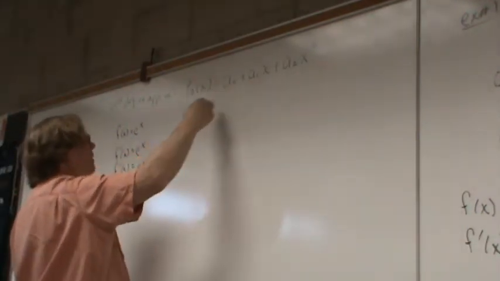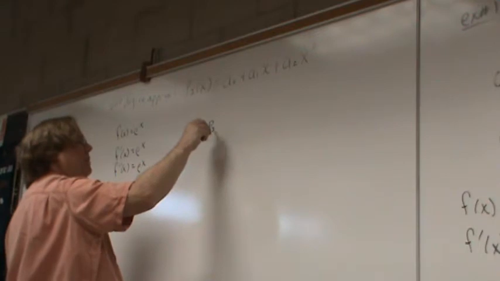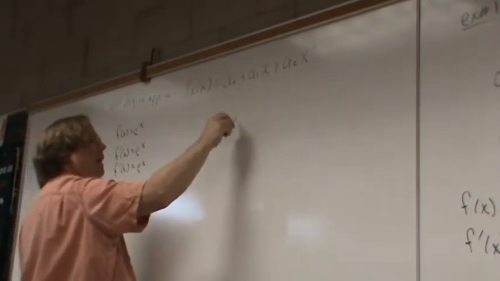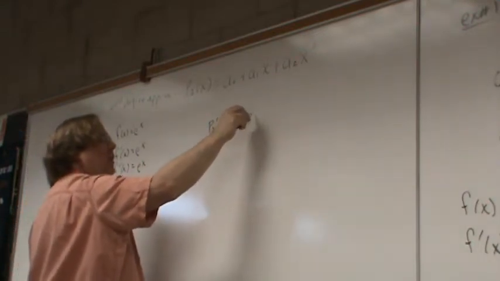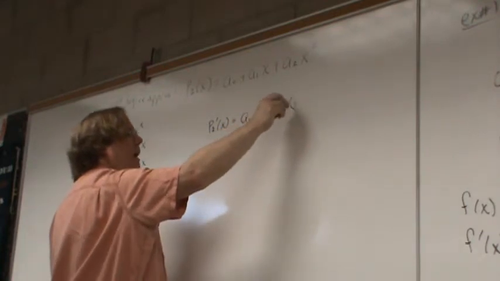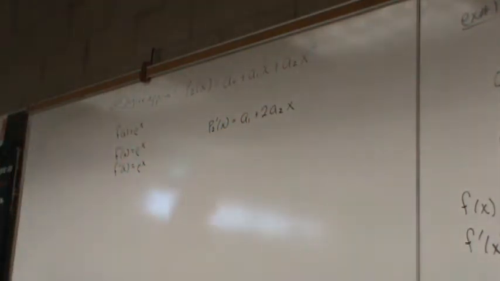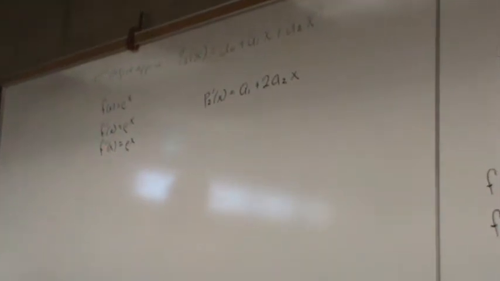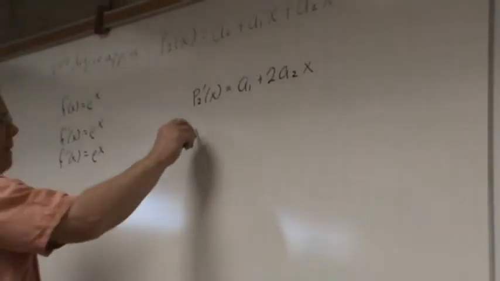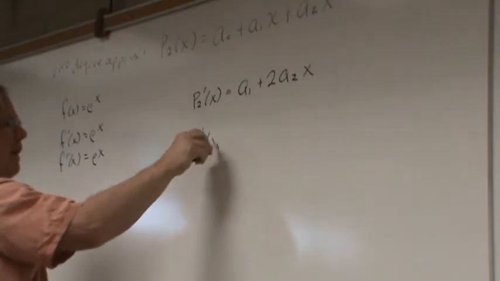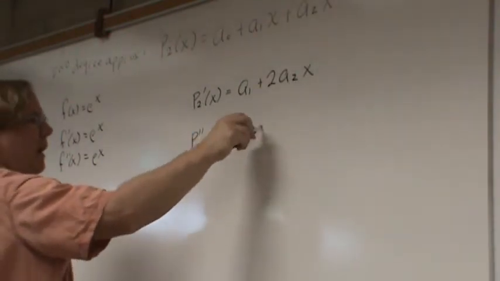So all I need to do is get p2 prime of x, and that's going to be a1 plus 2a2x. You guys okay that that's what the first derivative of p2 is? And I'm going to get the second derivative of my second order approximation, and that's 2a2.